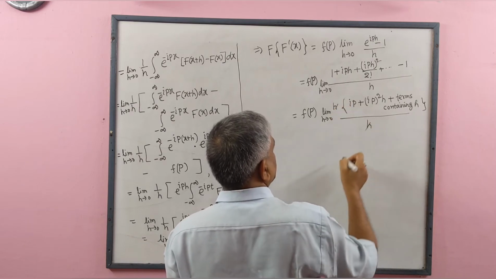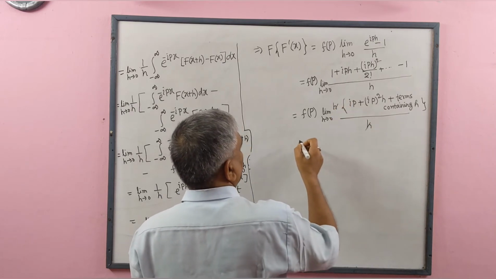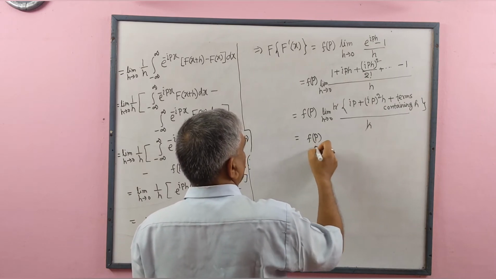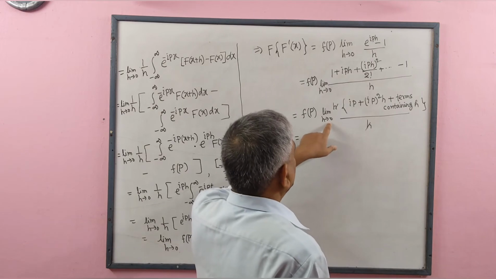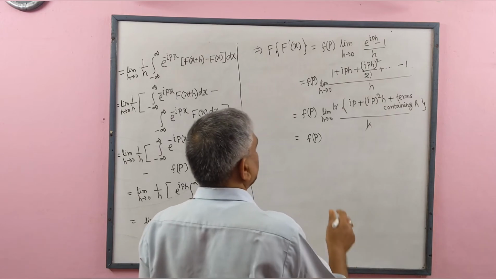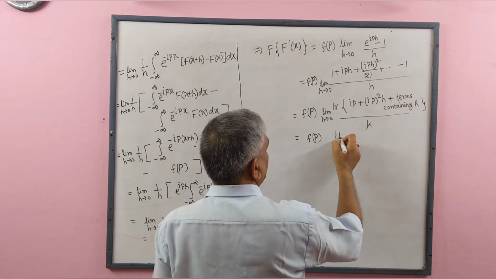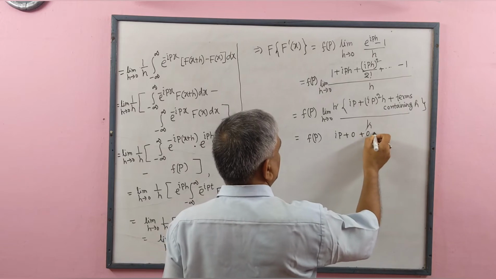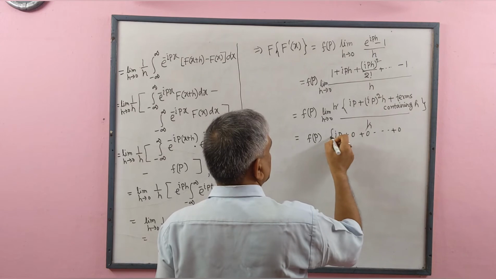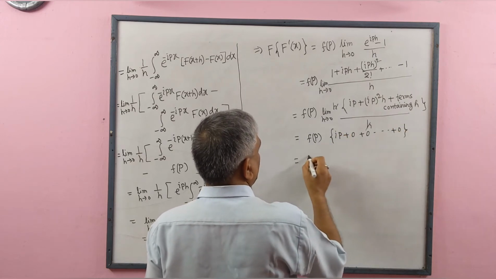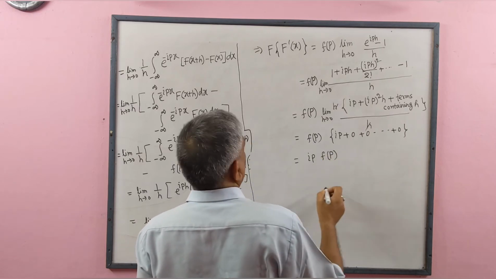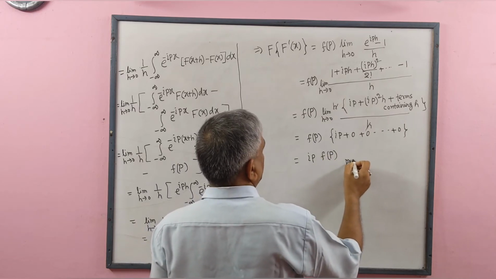This h cancels, equal to F(p). If we use the value h equal to 0, then this will be 0 and the other terms will also be 0. Only ip plus 0 plus 0 plus 0 remains. That means ip F(p). Proved.